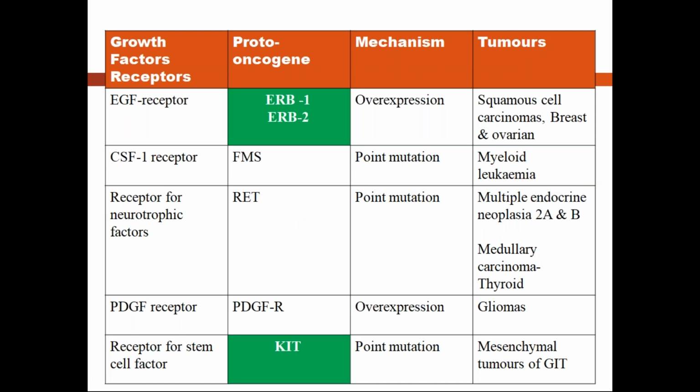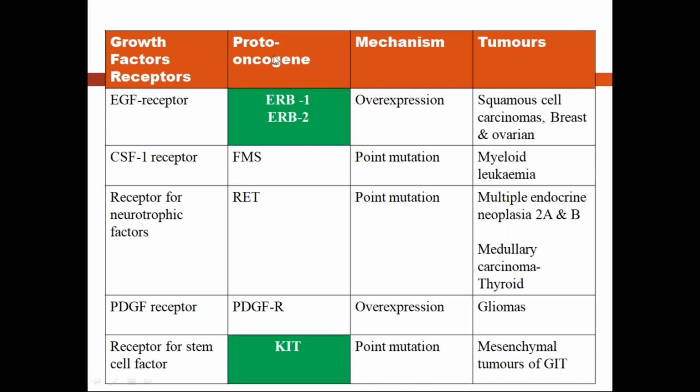Next, growth factor receptors. The one I have kept in green is important, because when you go to your systemic chapters, in the pathogenesis section they usually mention it. So when they mention it specifically, then only you have to remember.